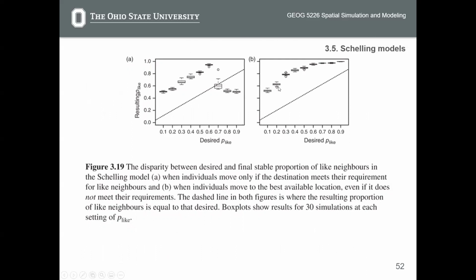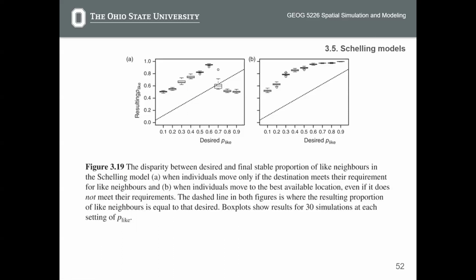So here we have two types of scaling models. Figure A shows one type, figure B shows another type. The difference is the definition of satisfaction. For A, individuals move only if the destination meets their requirement for like neighborhoods, and for B, individuals move to the best available location, even if it does not meet their requirement. Which means that for figure A, the rule is more strict.